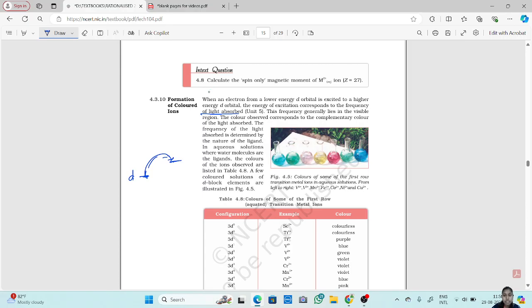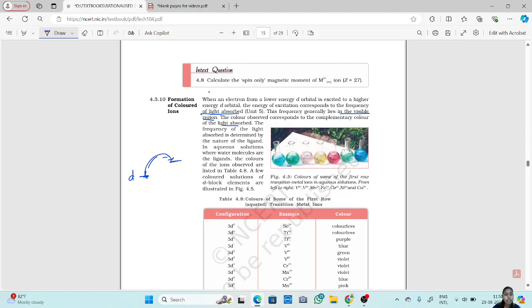This frequency of light absorbed generally lies in the visible region. Now the color observed corresponds to the complementary color of the light absorbed.